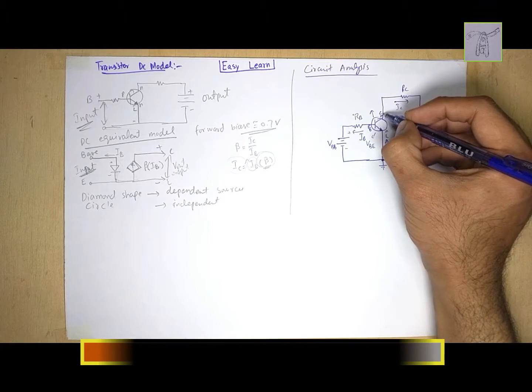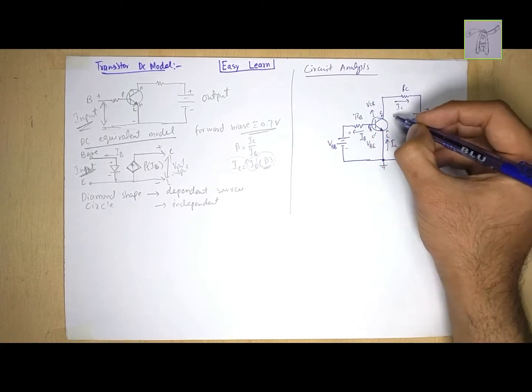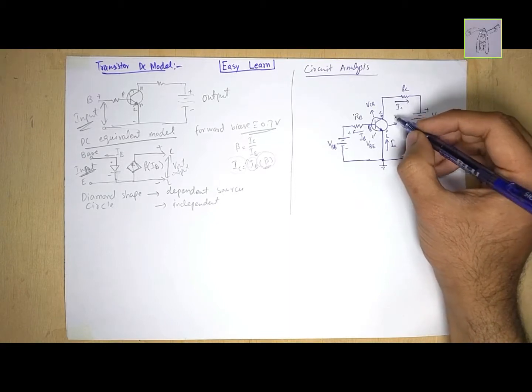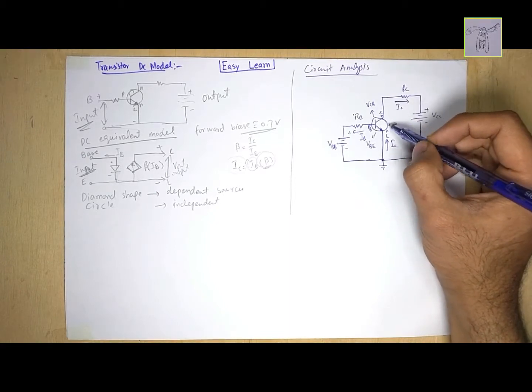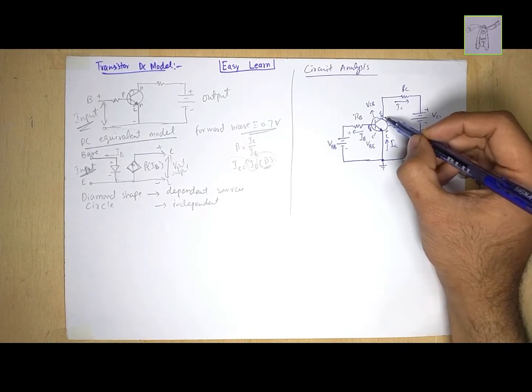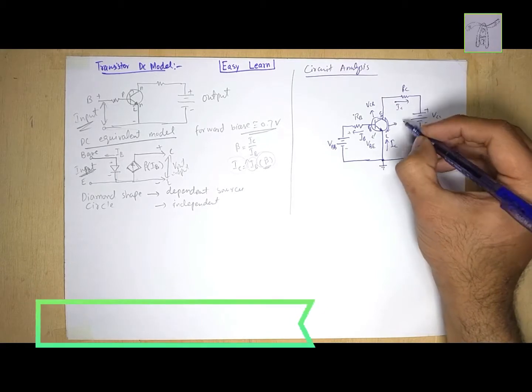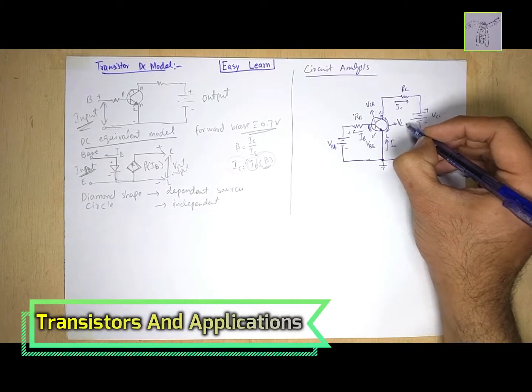The depletion region between the collector and base region we call VCB, the voltage across the CB terminals. If we want to calculate across these two terminals, we have to write the voltage across CB.